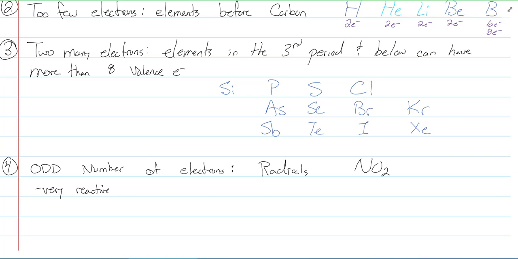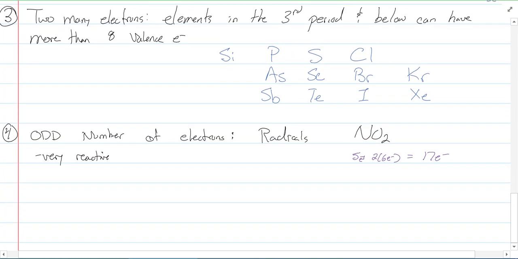For example, for this radical, NO2, we have 5 plus 2 times 6 electrons. So that gives us 17 electrons. N is in the middle, since it's written first: O, N, O. 2, 4, 6, 8, 10, 12, 14, 16, 17.